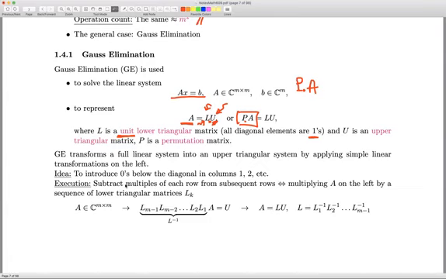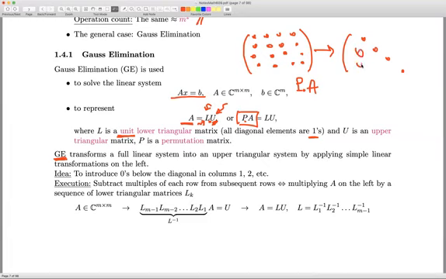So let's now see what the goal of Gauss elimination is. Gauss elimination transforms a full linear system. What do we mean by a full linear system? That basically all entries are non-zero. So this is a full linear system, a 4x4 matrix, where all the entries are not zero. After performing Gauss elimination, we end up with an upper triangular matrix.